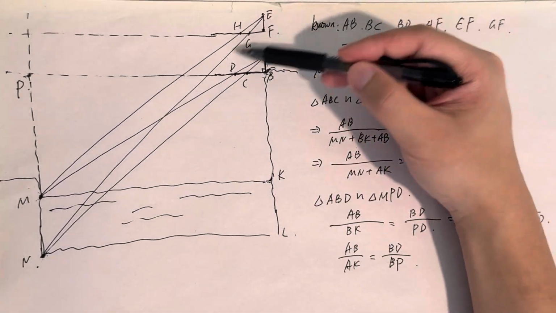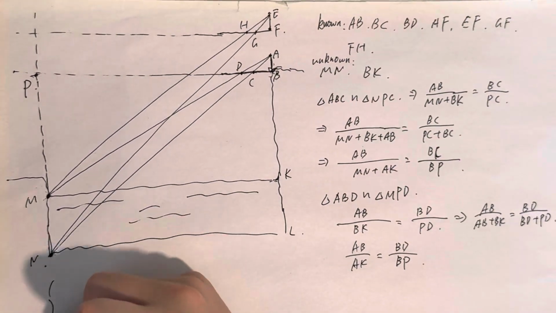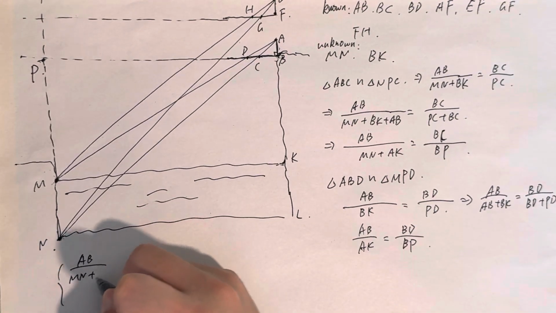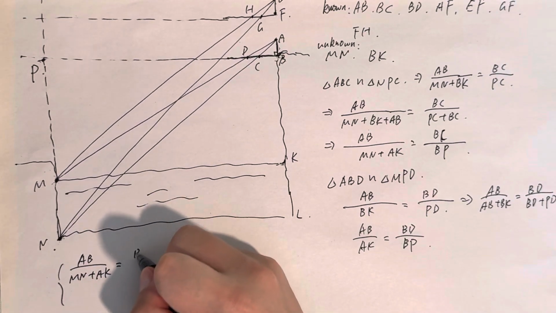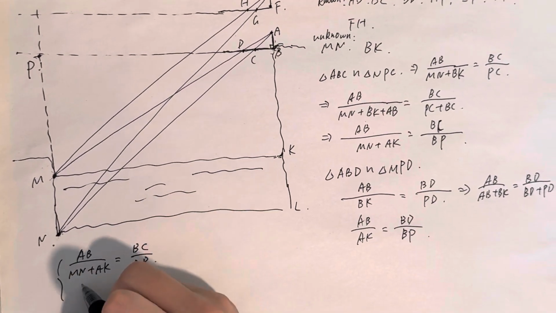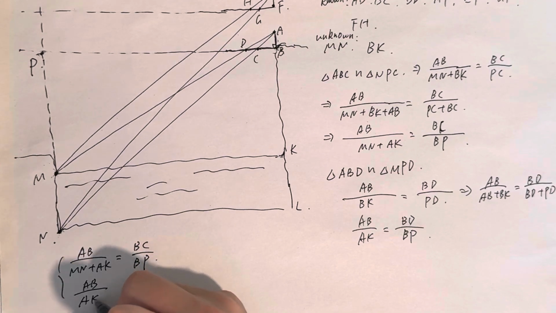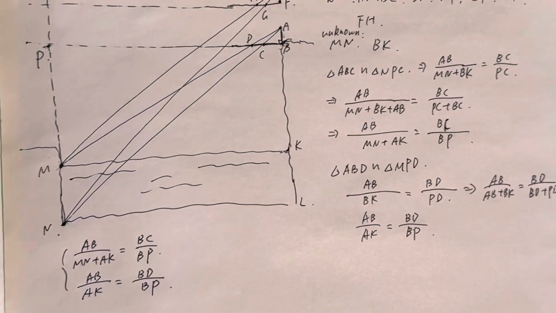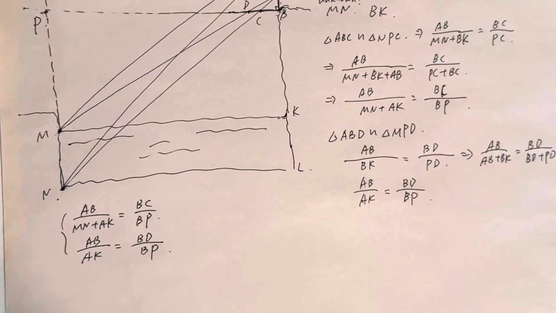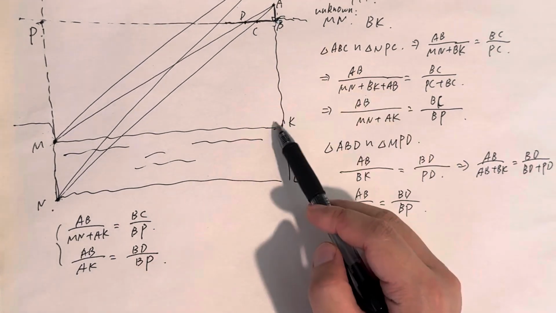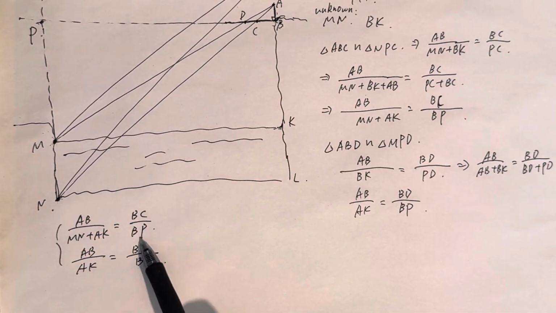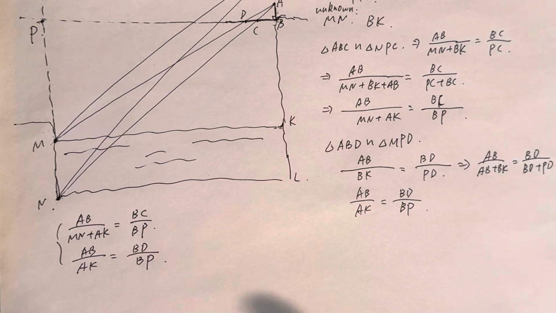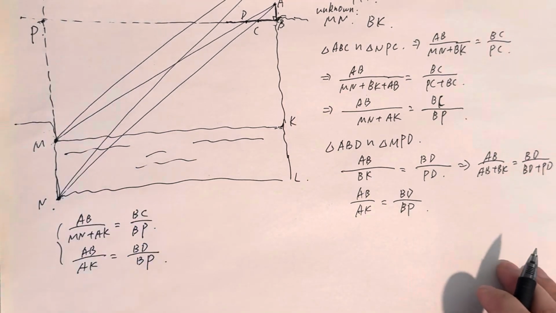Therefore, for the first measurement, we have the following equations: AB to MN plus AK equals BC to BP, and AB to AK equals BD to BP. Remember that AK is unknown here, MN is unknown here, BP is unknown here. But let's reform this equation.